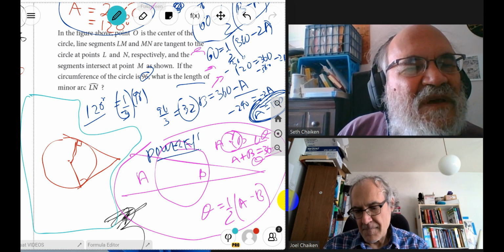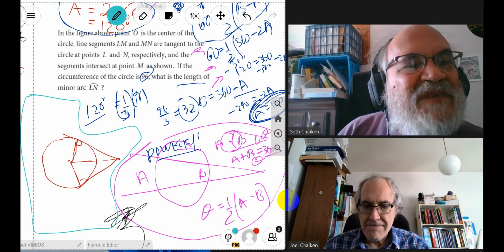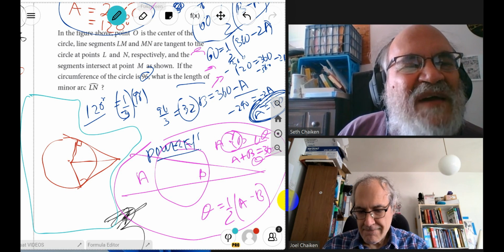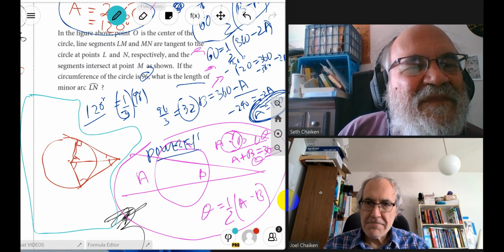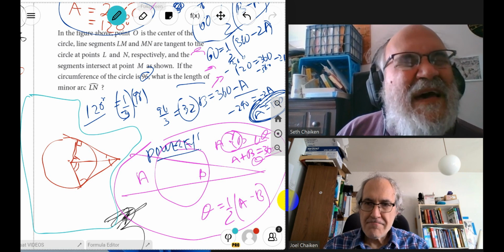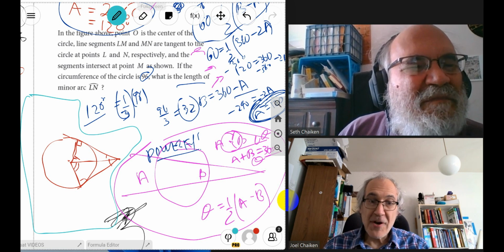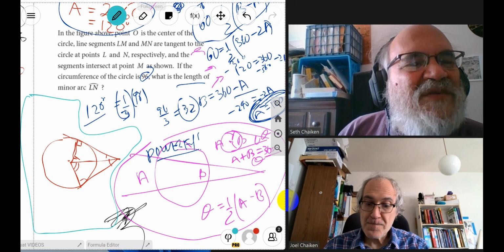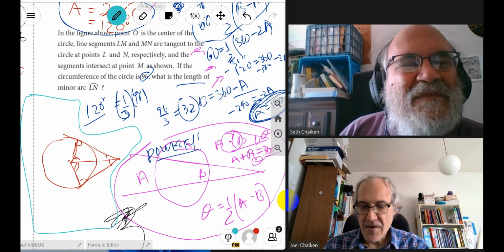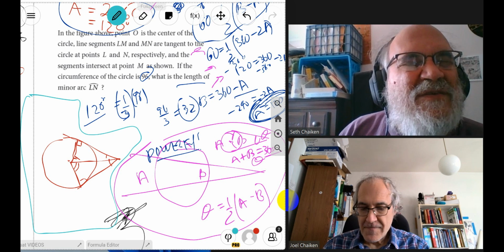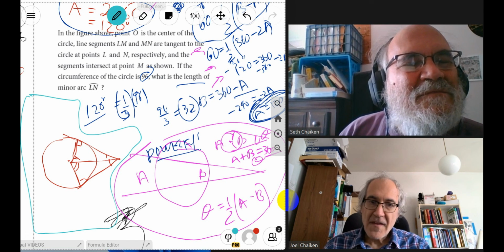Now by symmetry, if we connect these lines, these two angles are equal. These two angles are equal. That's a smart way of doing it. And these are right triangles. So this angle is the complement of this angle.